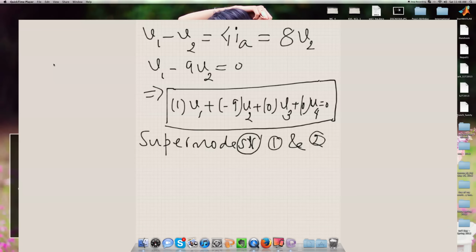Because when we use the node voltage method, we have to figure out the currents flowing from any of these nodes. But at node 1 or node 2, we have a voltage source hooked up. Having a voltage source doesn't tell anything about the current flowing, so we would like to avoid having to go through that path. In other words, we will group nodes 1 and 2 as one bigger node, a supernode.